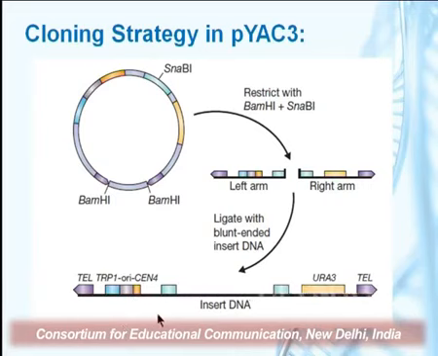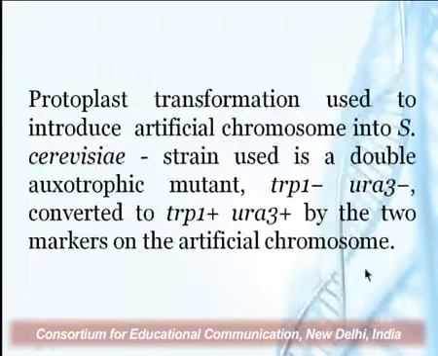Therefore, the recombinant can be selected in a different manner, and the useful transformant which contains this construct can again be selected in a different manner, for which protoplast transformation is used. We will talk about the transformation mechanisms later in our series, but protoplast transformation is a special method in which the gene of interest or the plasmid vectors are introduced into the protoplasts and then inserted into the host cell.